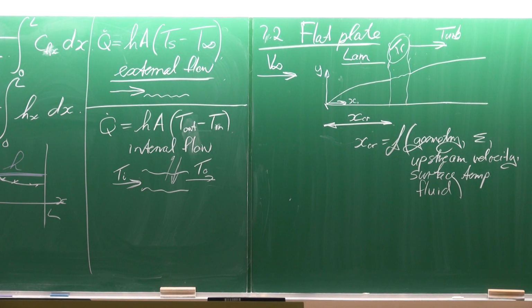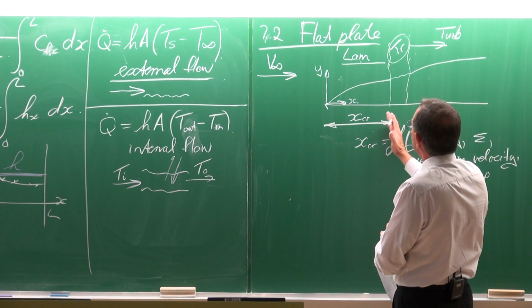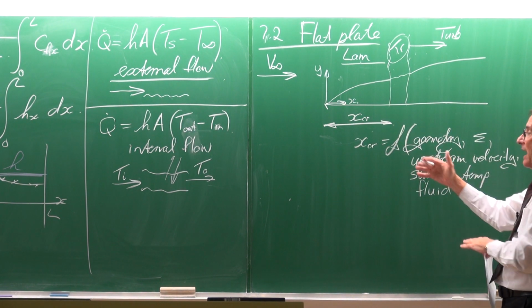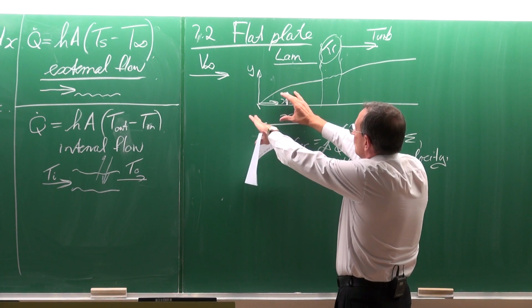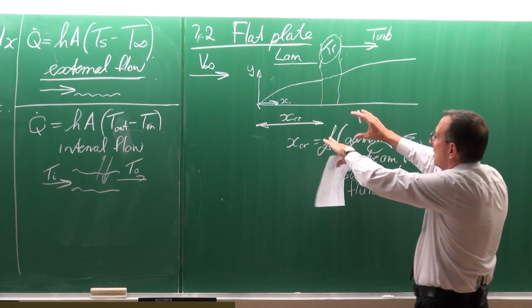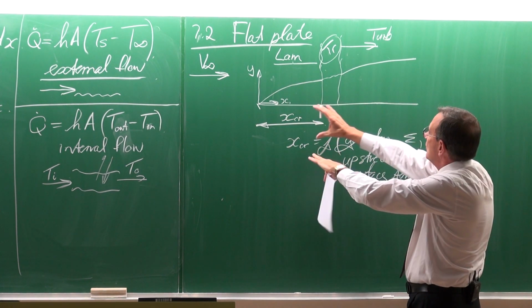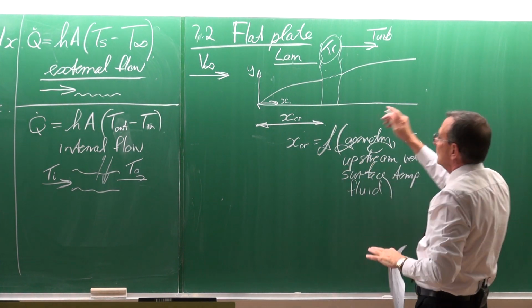So all those things will play an effect to get or to know what this distance is, and needs to be taken into consideration with determining the thickness of the boundary layer in laminar flow and in turbulent flow.